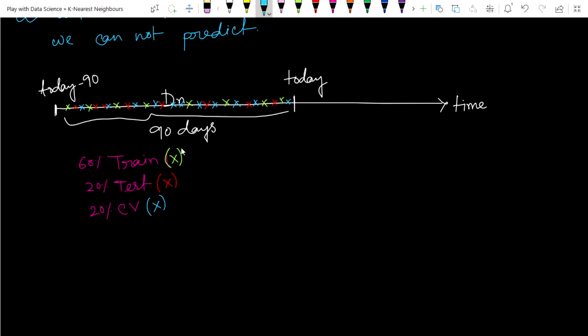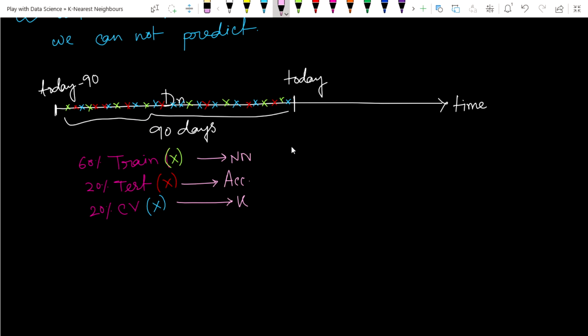On the basis of that, we choose our n and our k, and we find our accuracy on this random data. All the data is well distributed everywhere.